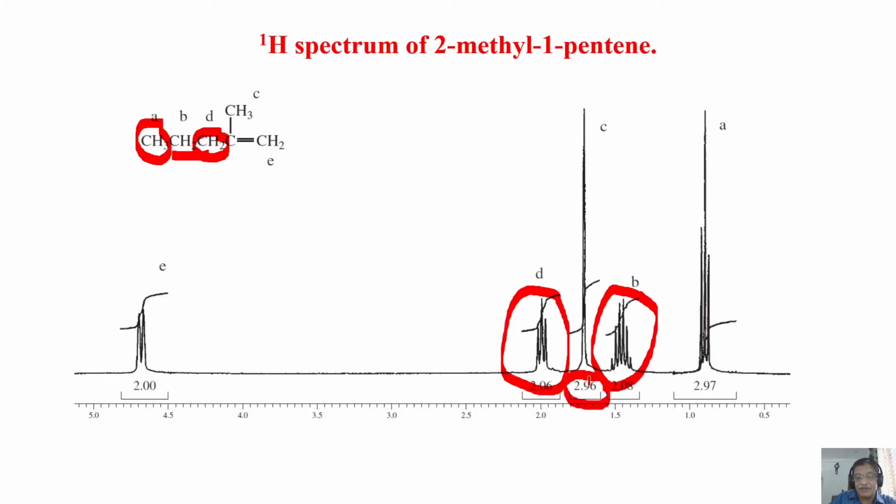Look at this one. Intensity is nearly 3. What is it possible? I already told you long back. If you have a single peak of relative intensity 3 with respect to other groups, it must be a CH3 group which is uncoupled. This is the only CH3 group which is uncoupled. So as a consequence, you can assign this for the CH3. That's also done.